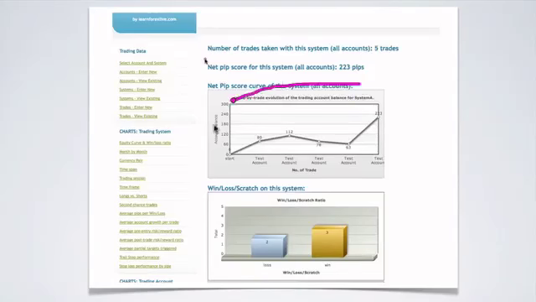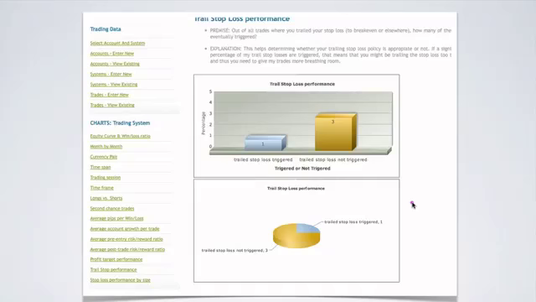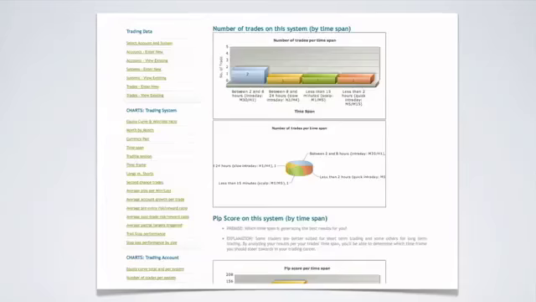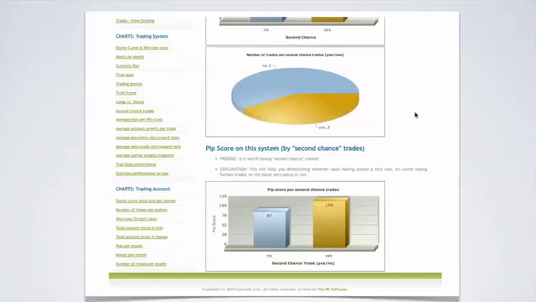You will be able to see whether you are scoring better results with this or that system, whether you are scoring better results by trailing your stop loss to break even midway through the trade or not, whether you are scoring better results by trading in the early London session or in the New York session, whether you are scoring better results by implementing a sequential profit-taking level policy, or whether you are simply getting better results by exiting your whole trade at once, whether you are best sticking to the shorter time frames or to the longer time frames.